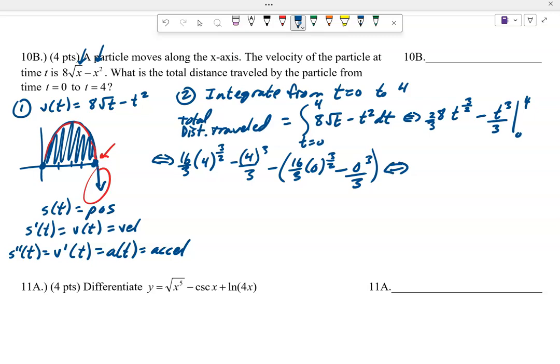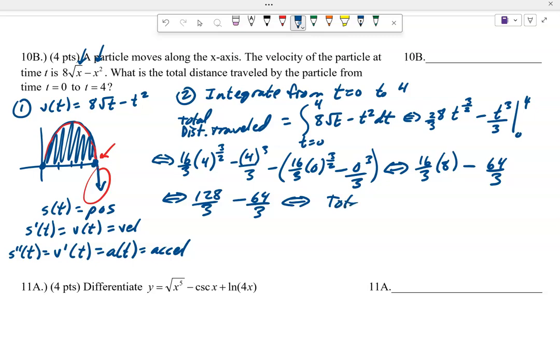And so we got 4 to the 3/2, so that'd be the square root of 4, which is 2, and 2 cubed is 8. So I got 16 thirds times 8, minus 4 cubed, which is 64 over 3. And so we've got 128 over 3 minus 64 over 3.